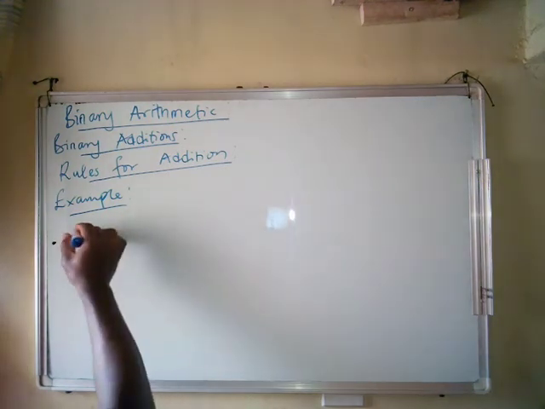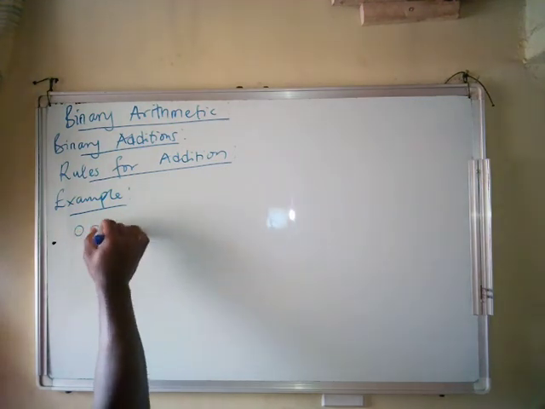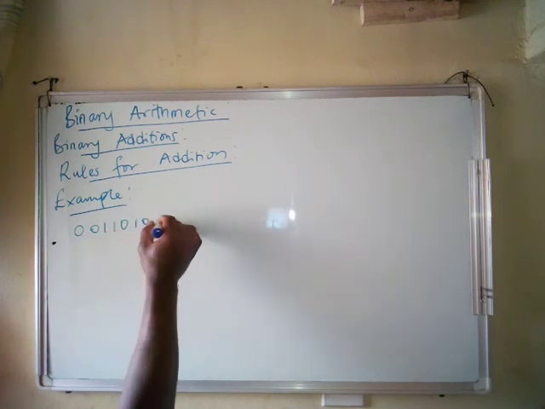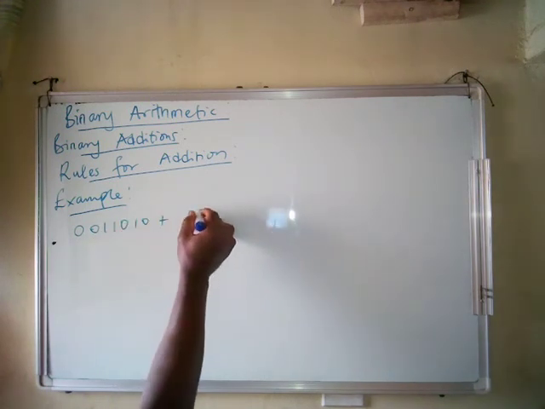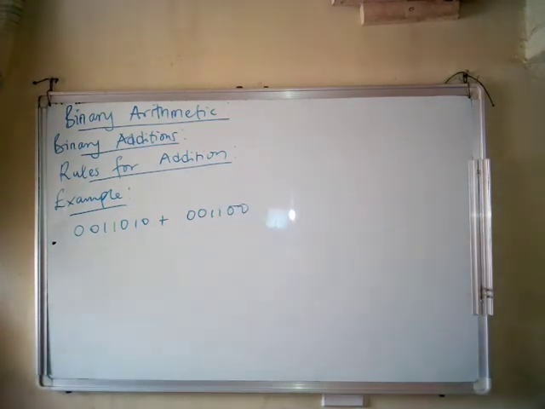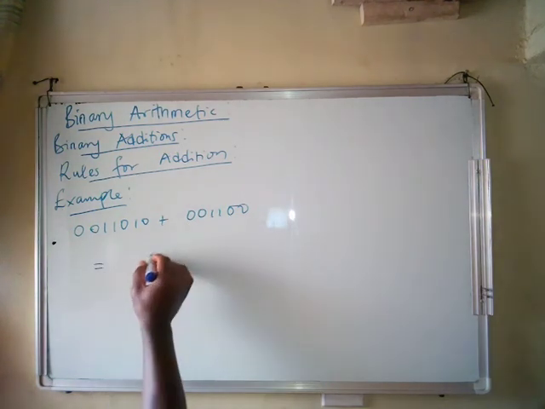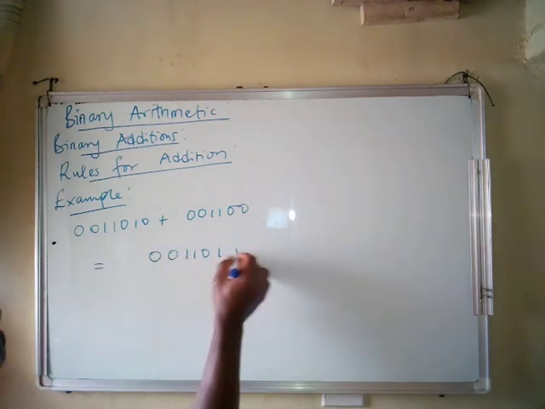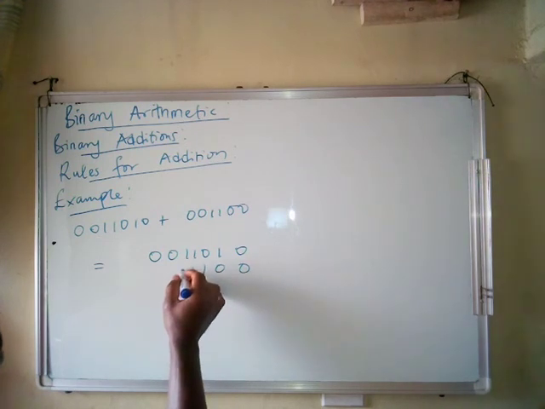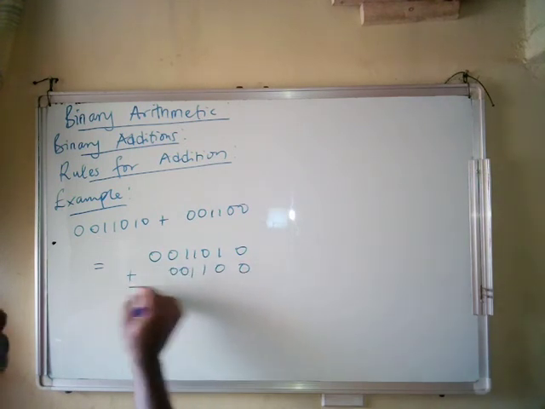You have 0, 0, 1, 1, 0, 1, 0 plus 0, 0, 1, 1, 0, 0. Let's place the digits the way they are supposed to be. So you have 0, 0, 1, 1, 0, 1, 0. Then you have 0, 0, 1, 1, 0, 0. So let's add this.